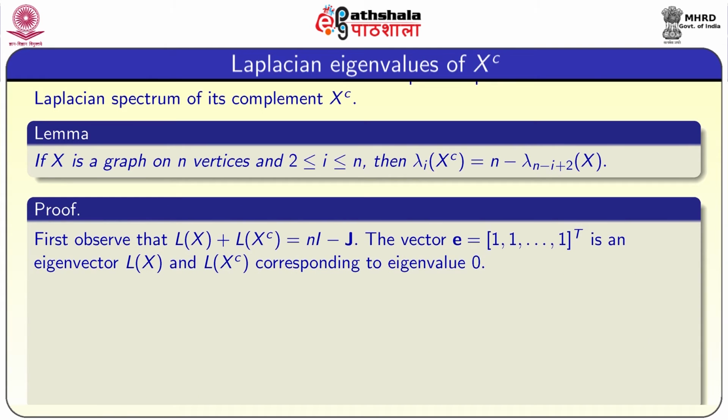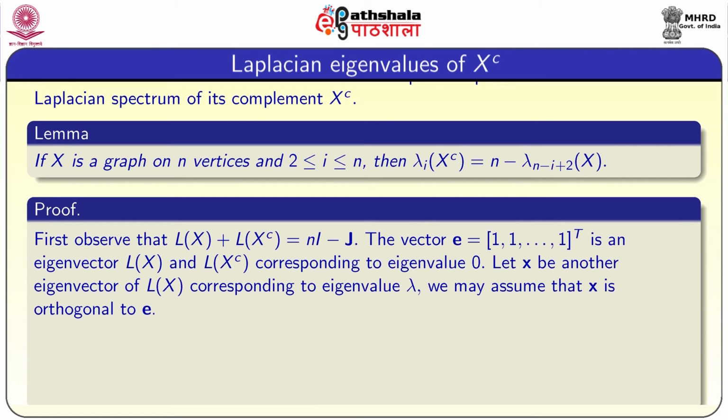The proof is easy. First we observe that L(X), the Laplacian matrix of X, plus the Laplacian matrix of X complement is equal to nI minus J, where J is a matrix of all ones. Further, the vector e equal to all ones is an eigenvector for both L(X) as well as L(X complement) corresponding to eigenvalue 0.